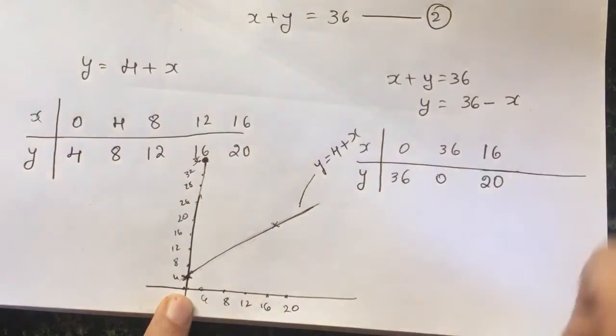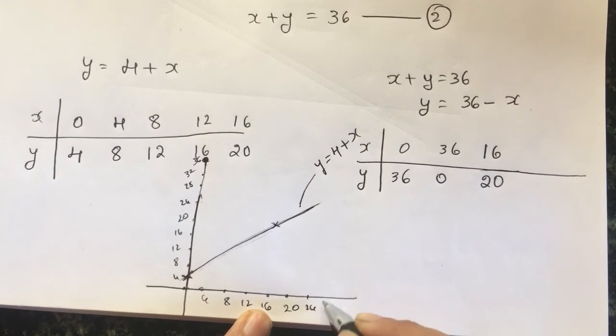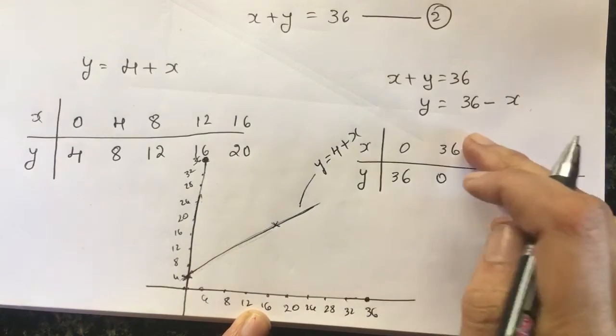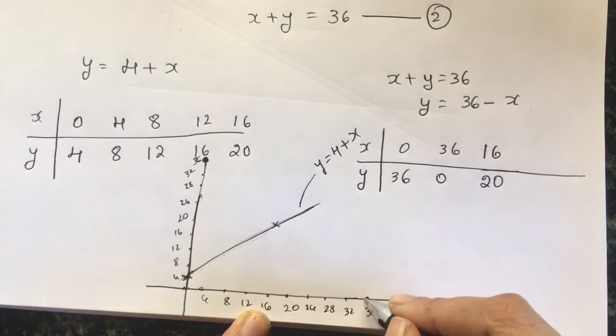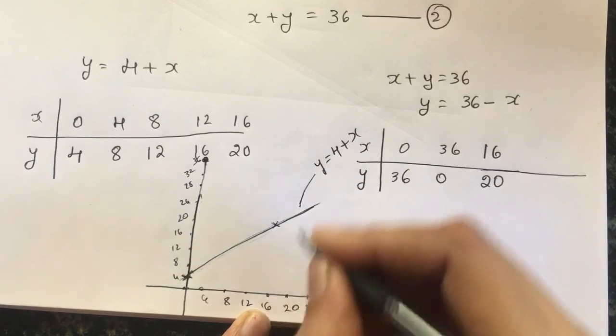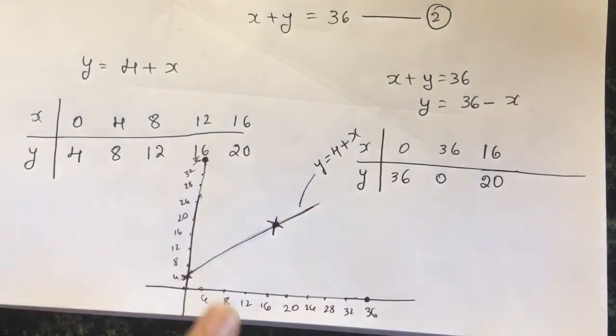This is the point. Again here 24, 28, 32, 36, and when x is 36, the value of y is 0. When x is 16, the value of y is 20. So this is the point of contact.